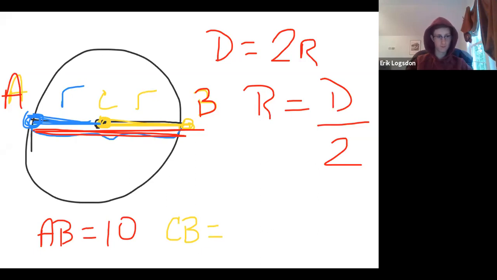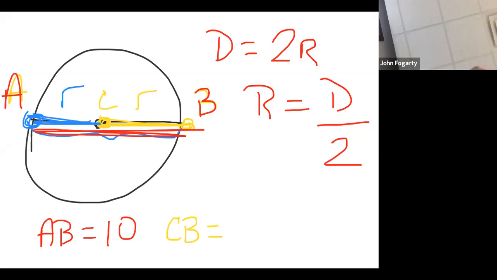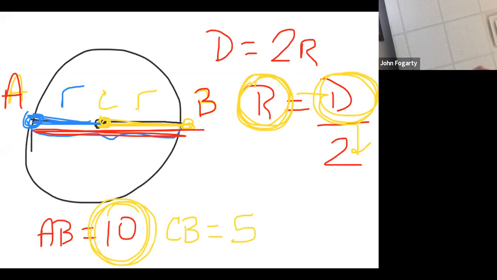It's 5, because it's a radius. And the radius is the diameter divided by 2. So if I tell you the diameter is 10, I divide it by 2, what do I get? I get 5. That makes sense? Yeah, you guys knew all that, right?